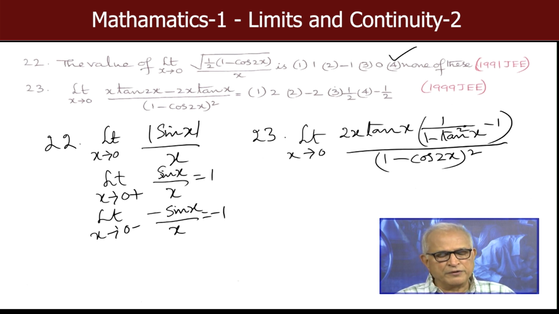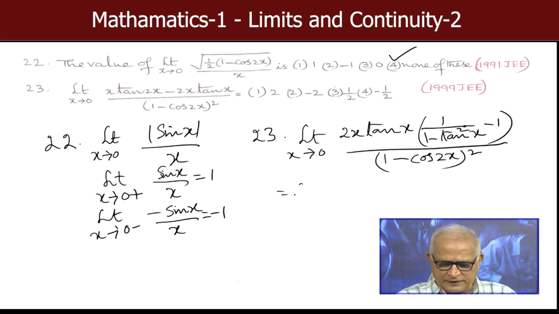I replace the tan 2x by 2 tan x by 1 minus tan squared x, and I have taken out 2x tan x common from the two terms in the numerator. So, that will be 2x tan x multiplied by 1 by 1 minus tan squared x minus 1, denominator same, 1 minus cos 2x whole square. When you simplify 1 by 1 minus tan squared x minus 1, when you take LCM, it is 1 minus of 1 minus tan squared x, which is tan squared x.